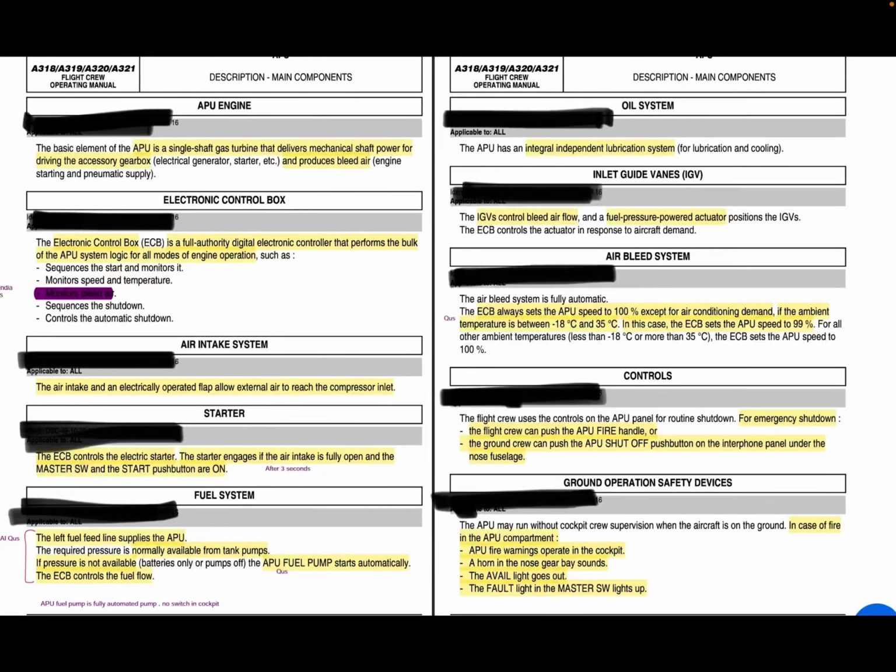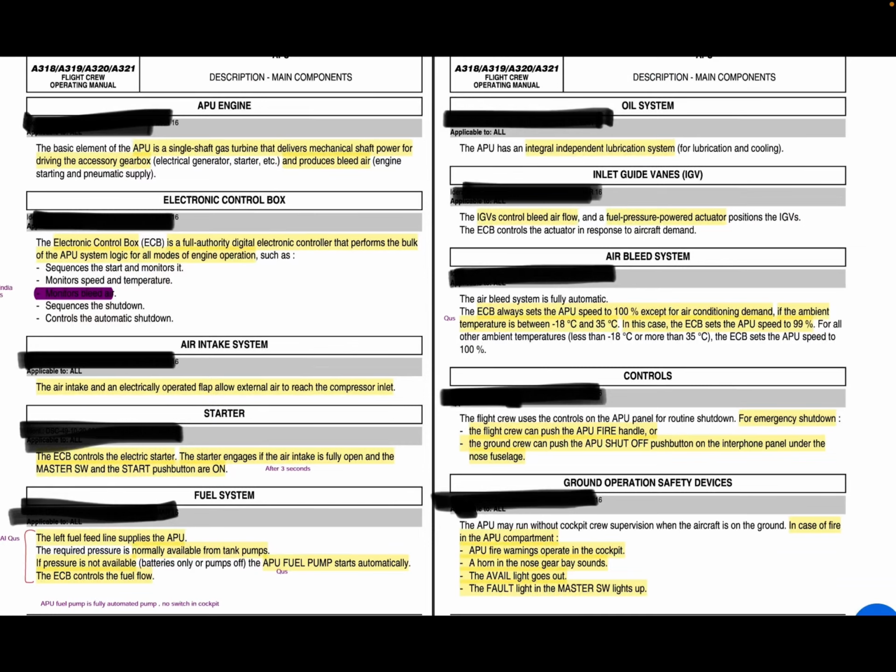Now fuel system. How is fuel supplied to APU? The fuel is supplied from the left hand tank. Keep it in mind, left fuel feed line supplies the APU.